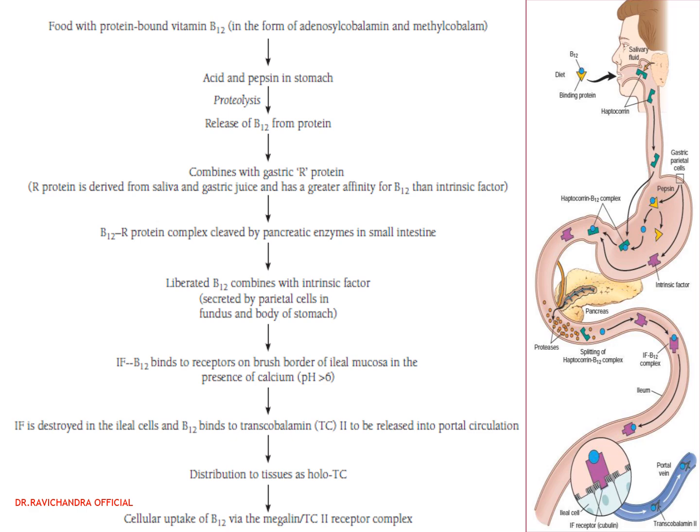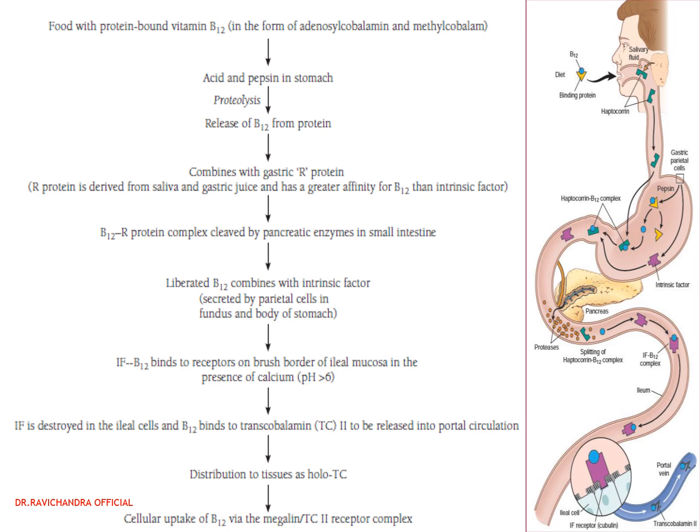From mouth to stomach, it forms a complex with protein. From stomach to small intestine, it forms a complex with gastric R protein, and in the ileum, the intrinsic factor already released by the stomach carries the B12.